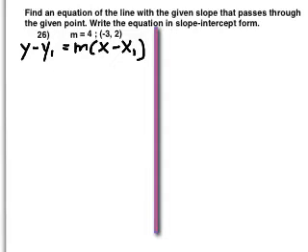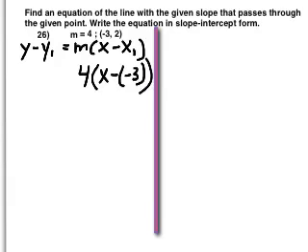So we'll put in 4 for the slope. Then we'll put an x minus x1, which is our point, negative 3. And then y minus y1, which is 2.